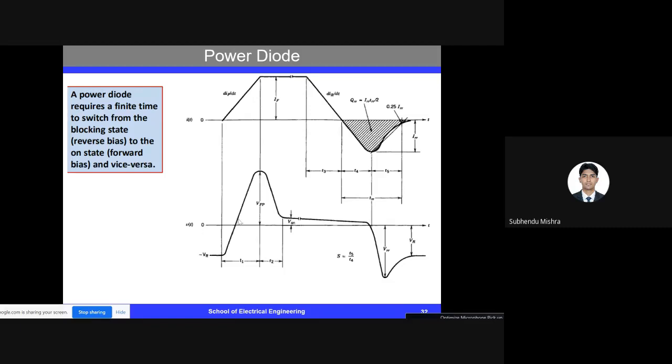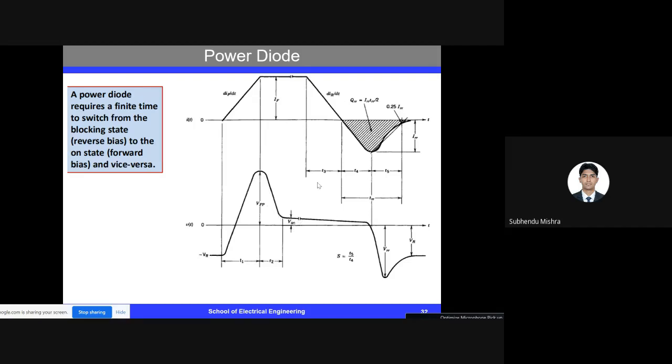When it is in the on state, it reaches a peak value that is given by L di/dt. This L di/dt is because of the inductive effect, that is the internal inductance of the power diode, and because of that there is a voltage increase. When the current becomes constant, the voltage then again becomes the V on voltage.